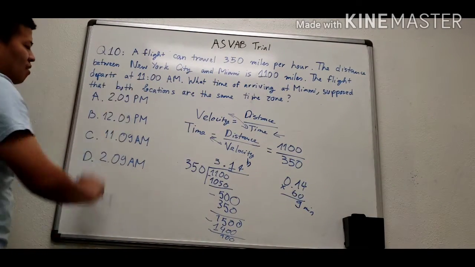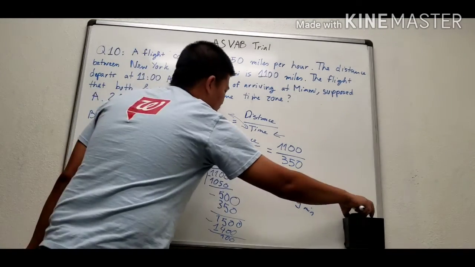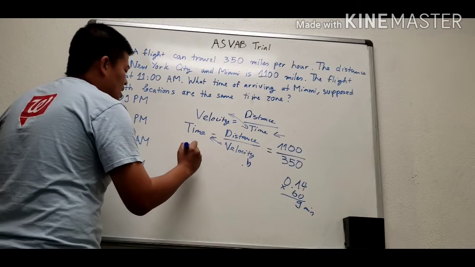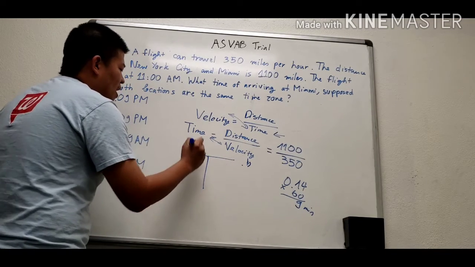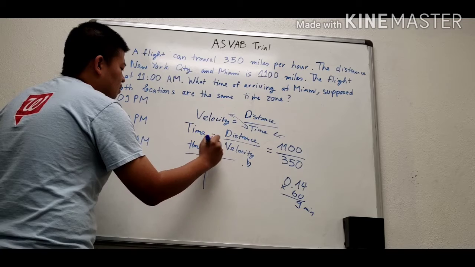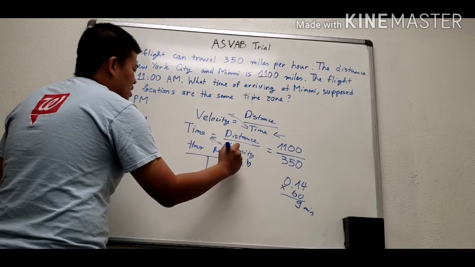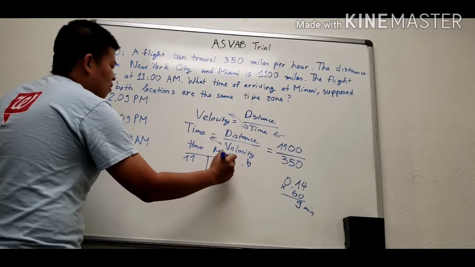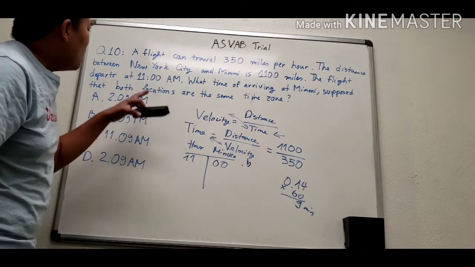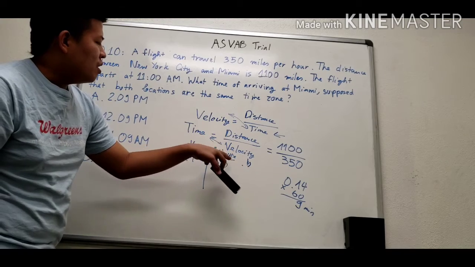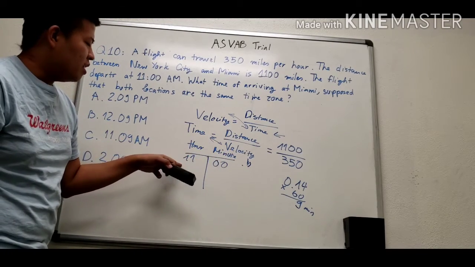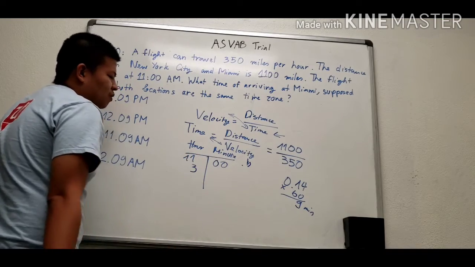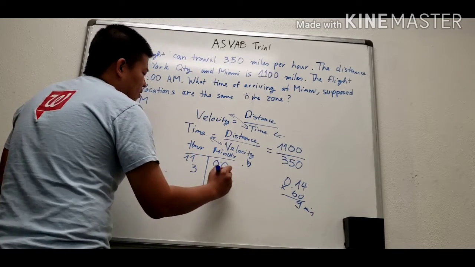Now we have 11 a.m. in here. We put the hour and minute in a small table: we have 11, 0 and 0. Now we just sum 3.14 in this table, and you can find the arrival time, and this is 9.